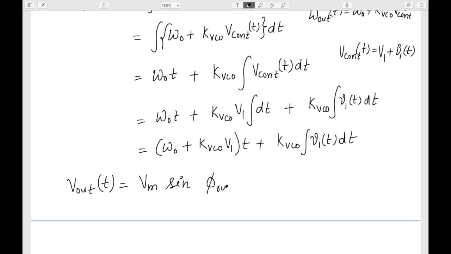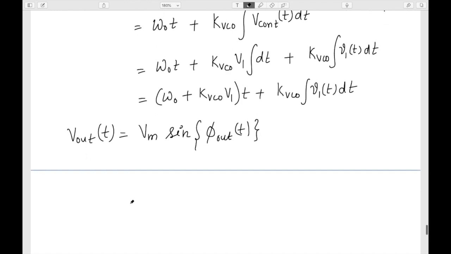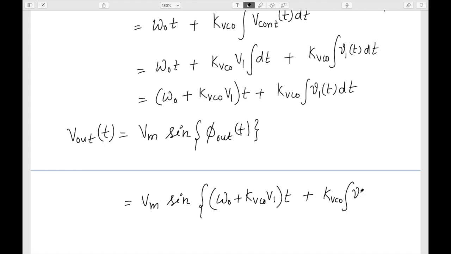So phi out(t), or v out, I can write it as Vm sine of omega naught plus KVCO V1 times t plus KVCO times the integration of small v1(t) dt.